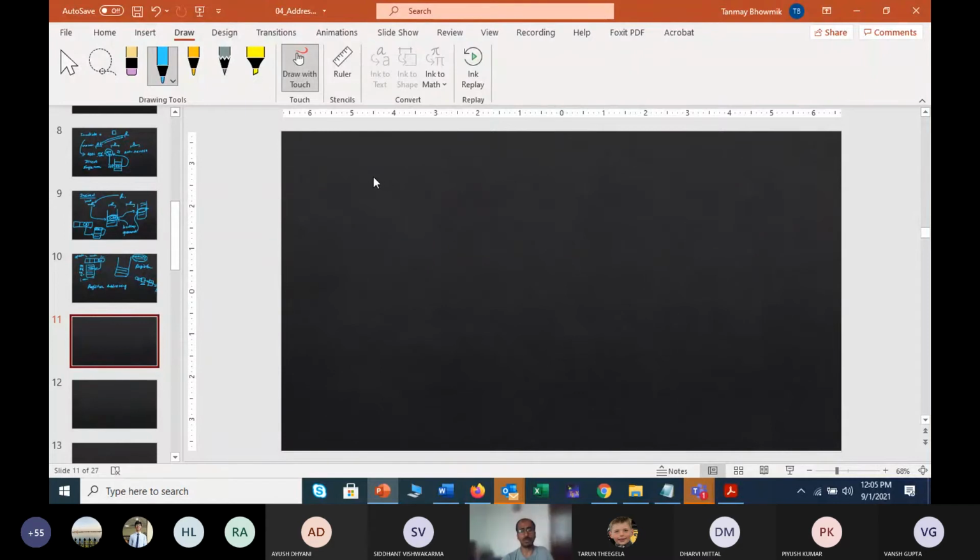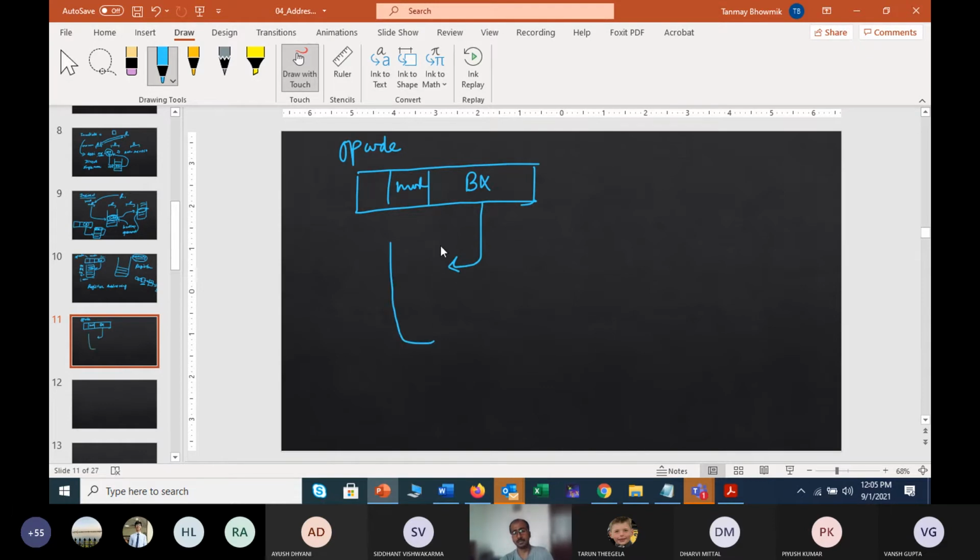So this is your instruction, this is your opcode, this is your mode, and this is your operand. Say BX has been written, once you search in that location, you observe that another memory location has been stored.